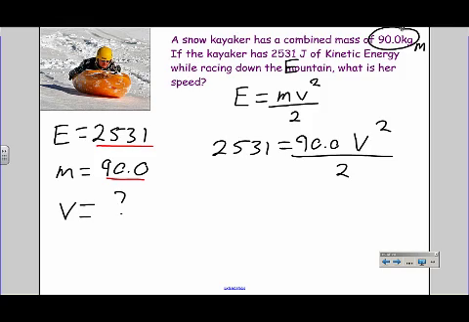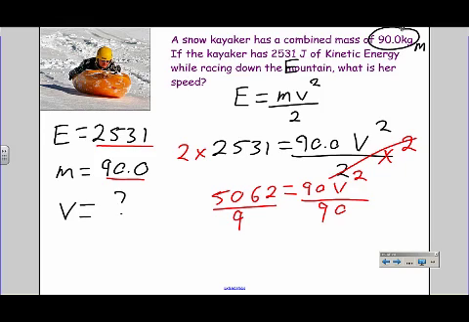So we do it the same way as when we were rearranging an equation. Times this side by 2. What we do to one side, we must do to the other. Then we divide by 90. On your right, what we do to one side, again, we must do to the other.